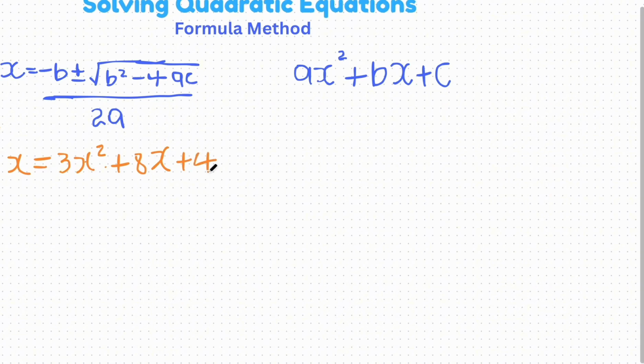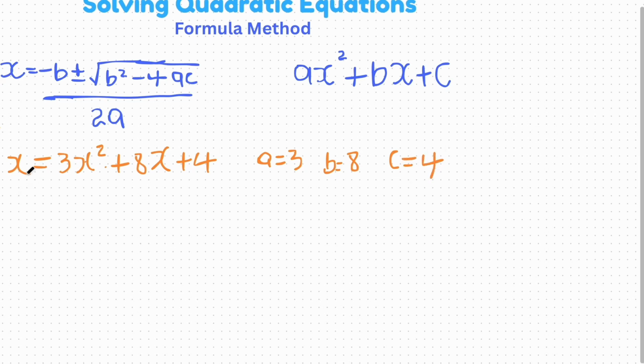What would be our a? Our a is the leading coefficient, so our a would be 3. So a is equal to 3. Our b would be 8. And then our c would be the constant, which is 4. So c is equal to 4.